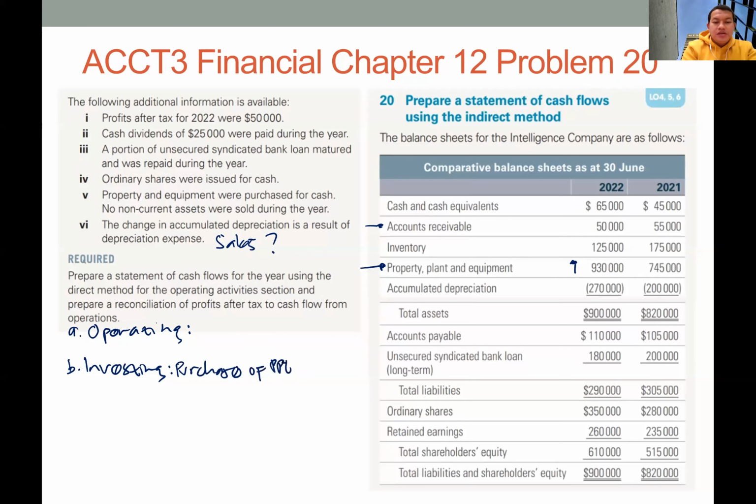Purchase of PPEs. So this should be a negative 185,000. Next is, I think this is the only one in the investing activities. So now let's move to the financing.